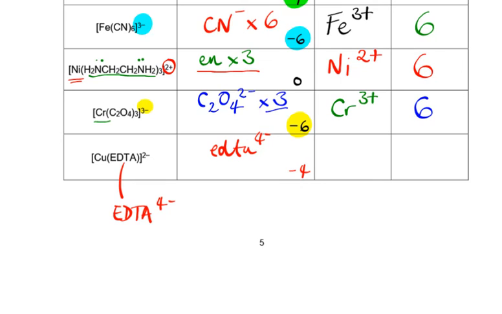The central metal ion is a copper, and if the charge on the complex is -2, that means that the copper ion here must have a charge of +2. In terms of the coordination number, remember EDTA is a hexadentate ligand, so 1 ion of EDTA will form 6 bonds to the copper 2+, so the coordination number is 6.